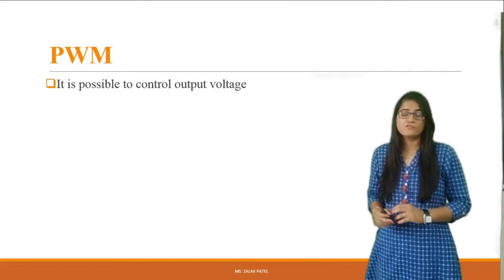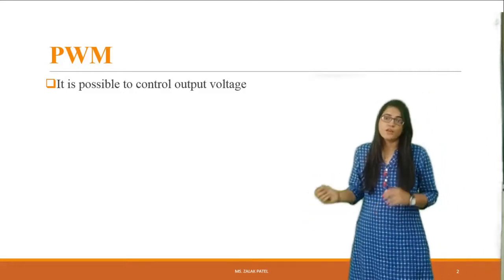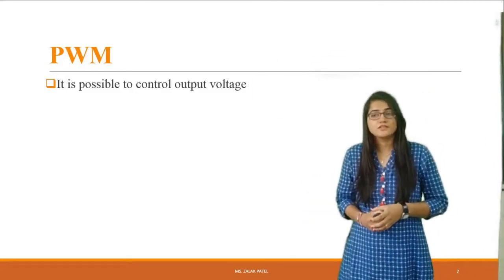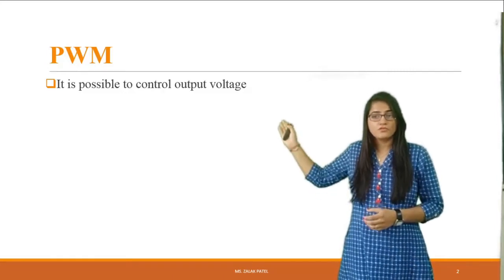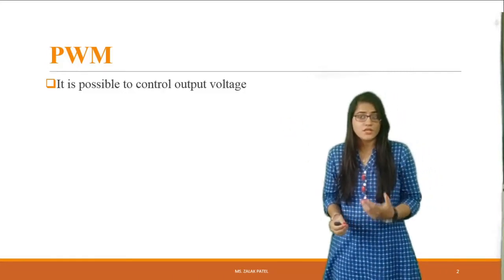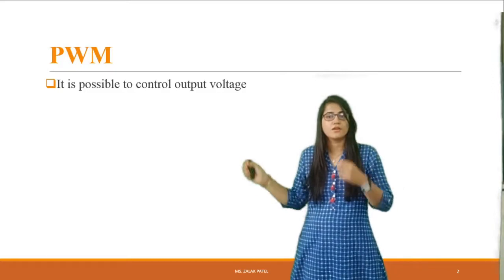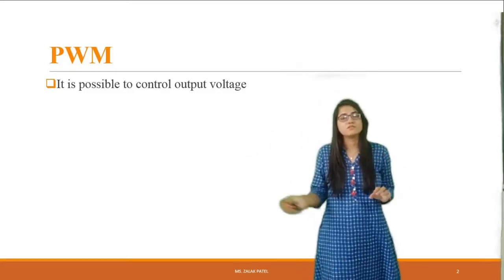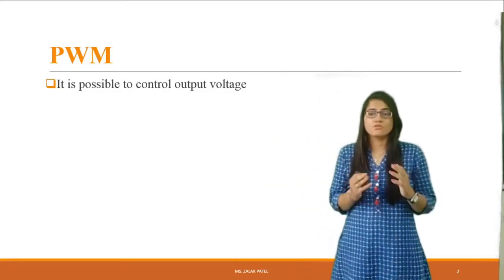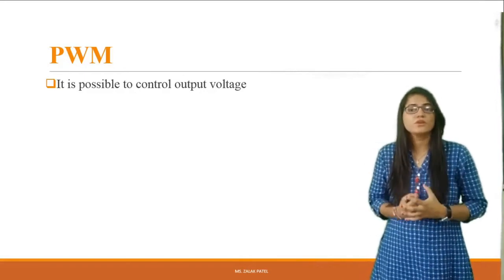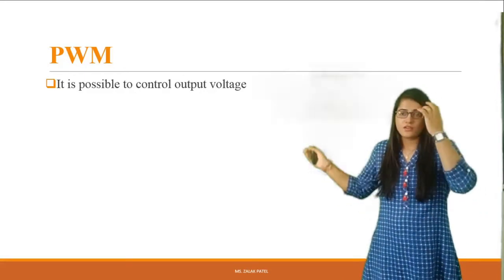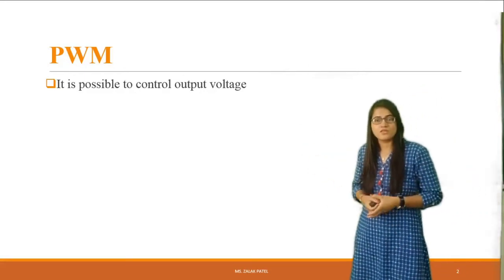One of the techniques for controlling the voltage in the step down chopper is PWM, that is pulse width modulation. So here also, for inverters to control the specified voltage, PWM inverters can be used.